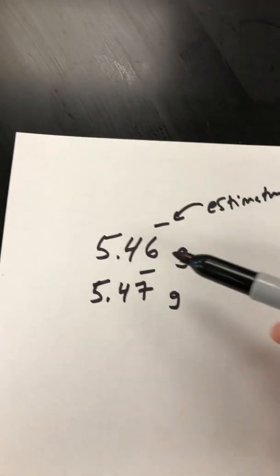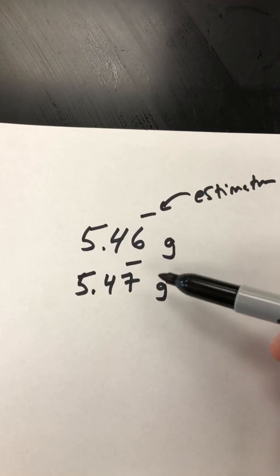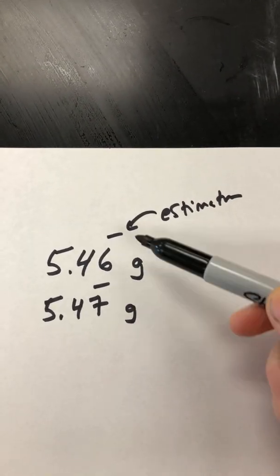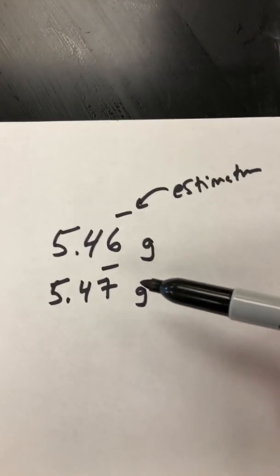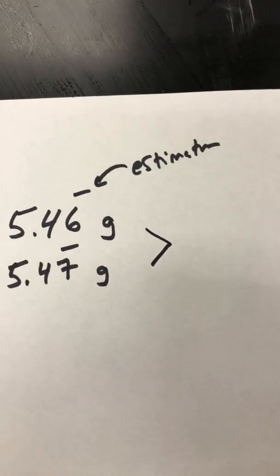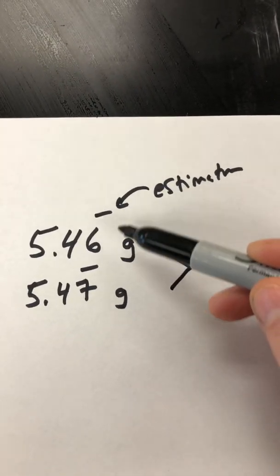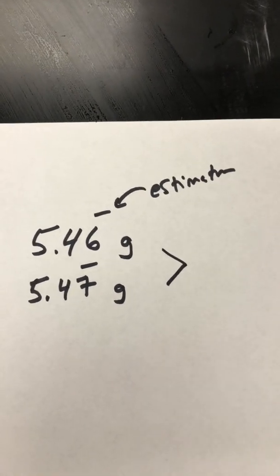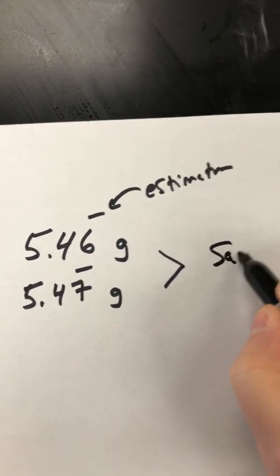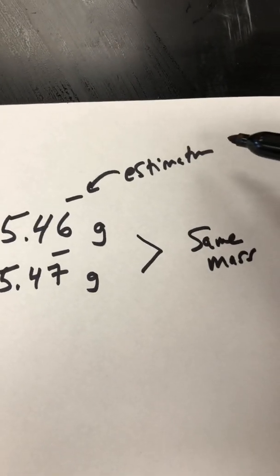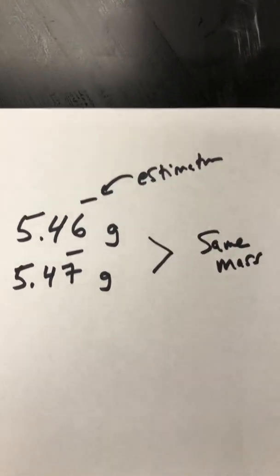So if I estimate a 6 and you estimate a 7, is that reasonable? And yes, it is. So with these two masses, because they only differ in that place of estimation, the place where the digital balance keeps flickering back and forth, they represent the same mass because they only differ in the place of estimation.